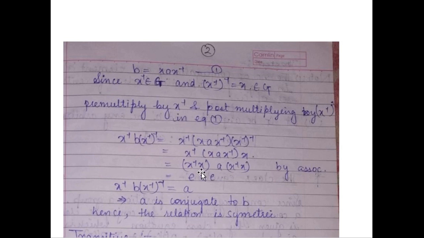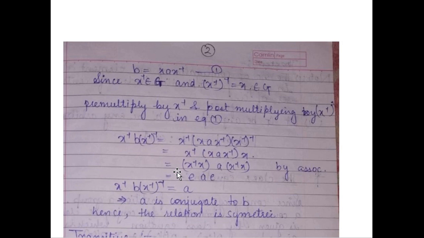Since x inverse is the inverse of x in G, when we operate x inverse with x, we get the identity. So we have e A e, and we know when we multiply anything with the identity, there is no change in that element, so it comes out to be A. So we have expressed A as x inverse B (x inverse) whole inverse, where x inverse is some element of G. So this is the relation of conjugacy.